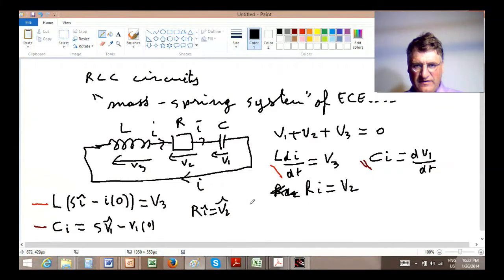Based on these, we get the following equation for V1.